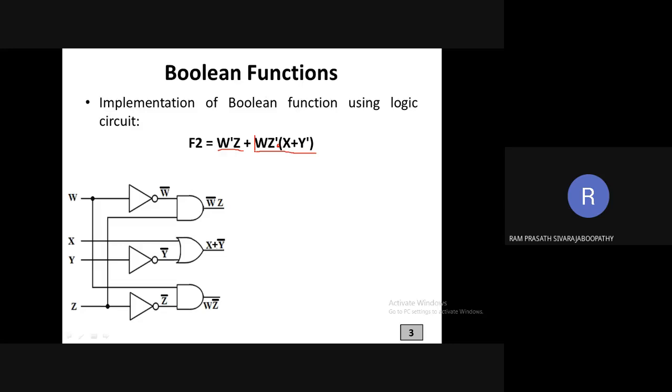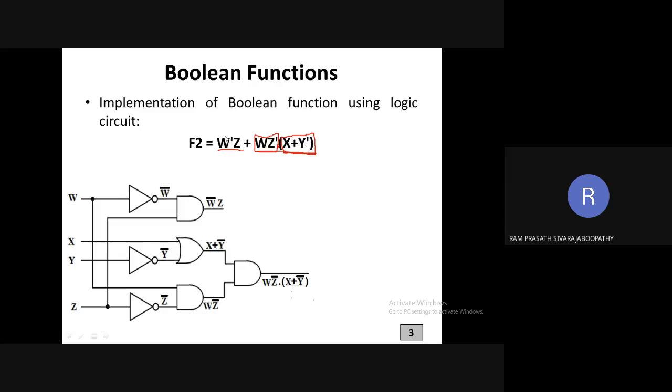Now this term wz bar and x plus y bar are both provided with which operator? AND operator. So we are performing the AND operation of wz bar with x plus y bar. So we are getting like this. Finally we have the expression wz bar dot x plus y bar.